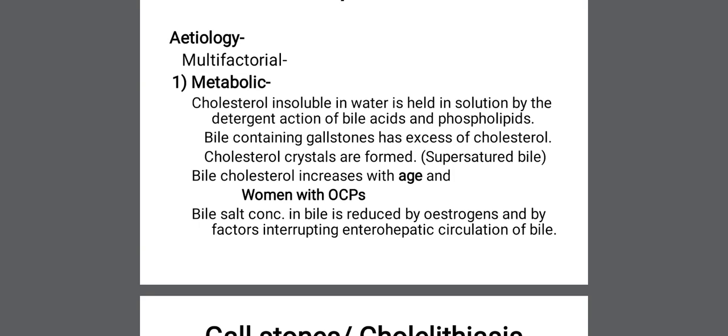So the first factor is the metabolic factor in cholesterol and mixed stones. The main composition of cholesterol and mixed stone, as we have seen, is cholesterol. This cholesterol is insoluble in water and it is held in solution by the detergent action of bile acids and phospholipids.